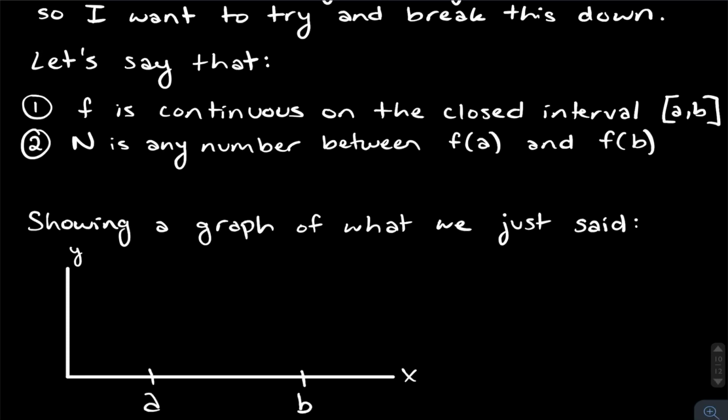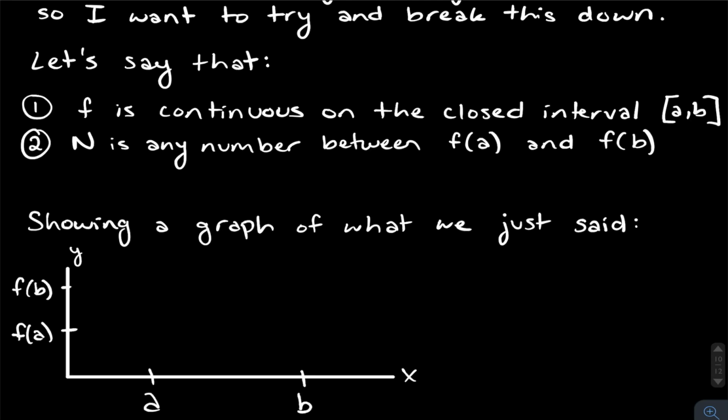Okay? This is somewhere where you have a continuous function that starts and it ends, or it's at least continuous on that interval. Second, we have that n is any number between f of a and f of b. Right? So these are two y values of this function.